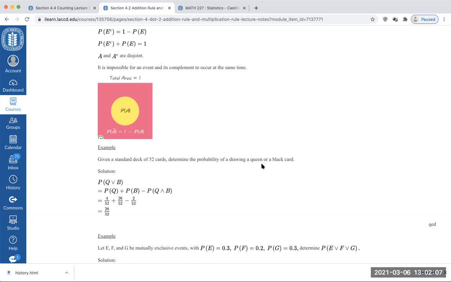Okay, so let's see, the diamonds and the hearts are red, and the spades and clubs, yeah, those are black.